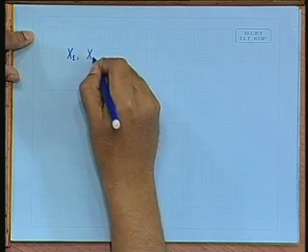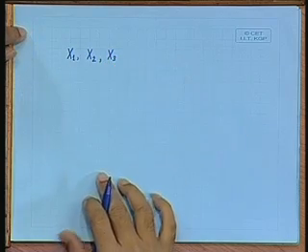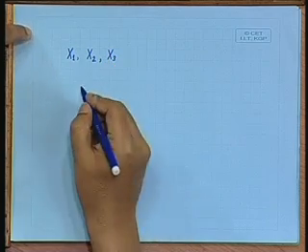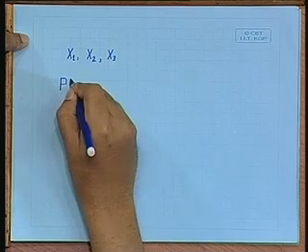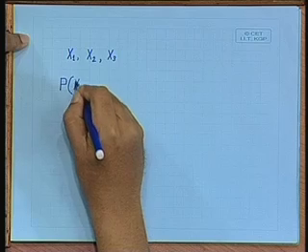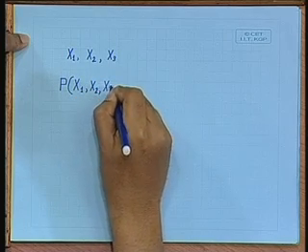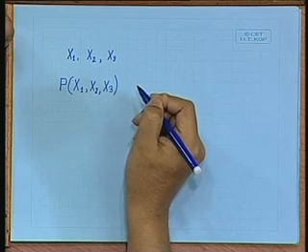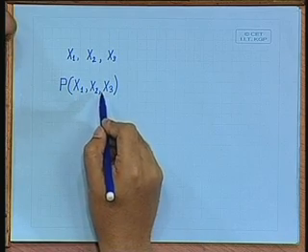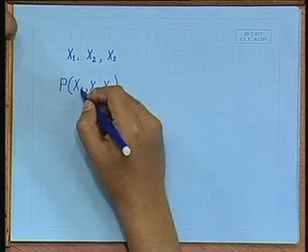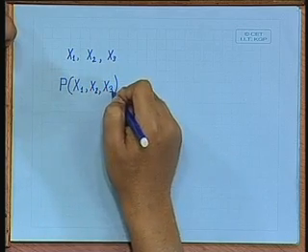So, effectively we should understand that what we have is a set of variables, let us say x1, x2, x3, and we are interested in the joint probability distribution. So, we are interested in things like p(x1, x2, x3). Now, this distribution actually encompasses the probabilities of setting these different random variables to zeros and ones.